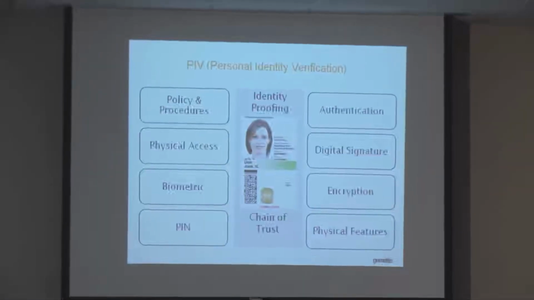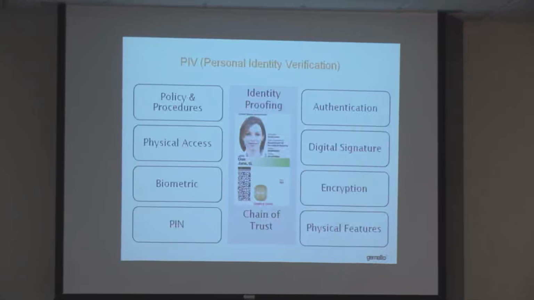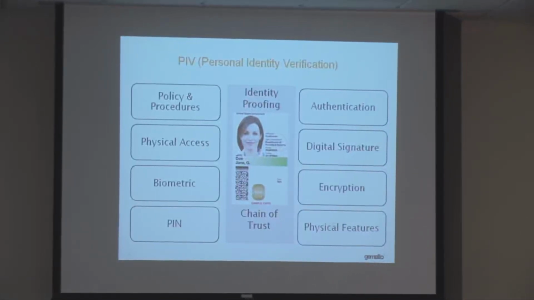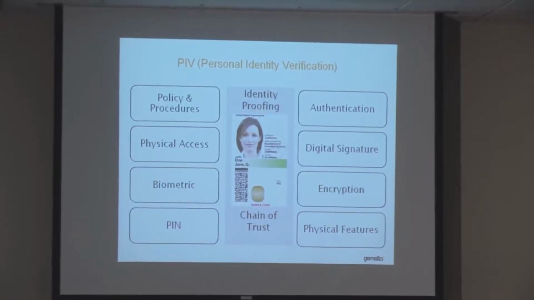Now let's go a little bit more into detail of what exactly this PIV standard is. The PIV standard is a set of components. There are definitions of policies and procedures to manage and issue credentials and define their life cycles, and the processes for identity proofing, for verifying users before issuing their credentials.